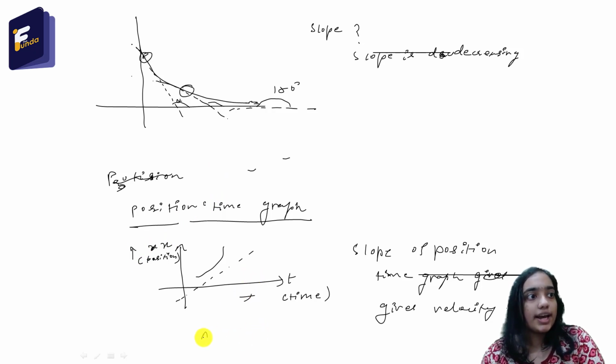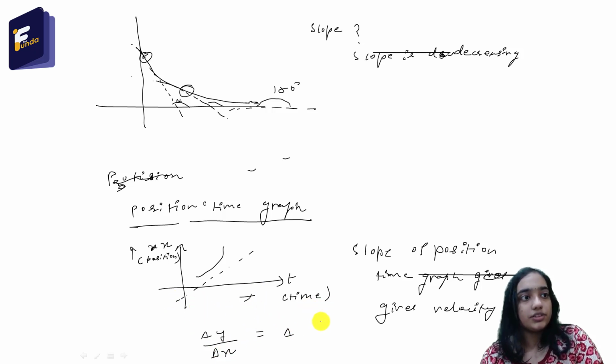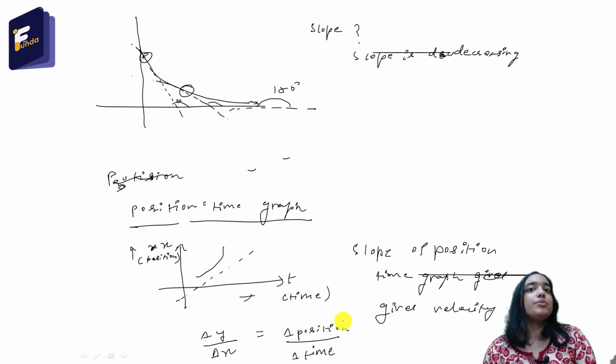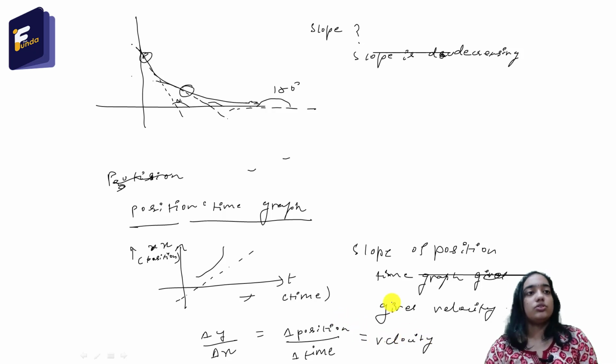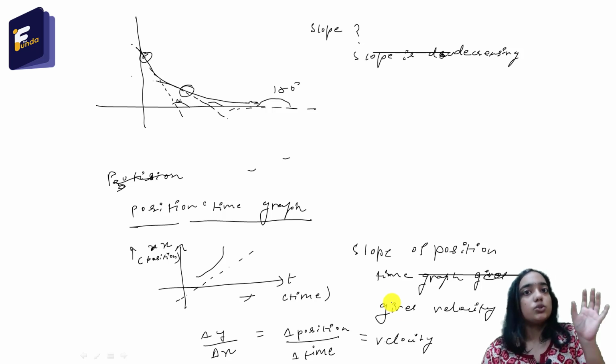So change in y-axis by change in x-axis is equal to change in position by change in time in this position time graph, and we already know that change in position by change in time is the velocity. So this is equal to velocity. So now we know the reason why the slope of the position time graph gives velocity.